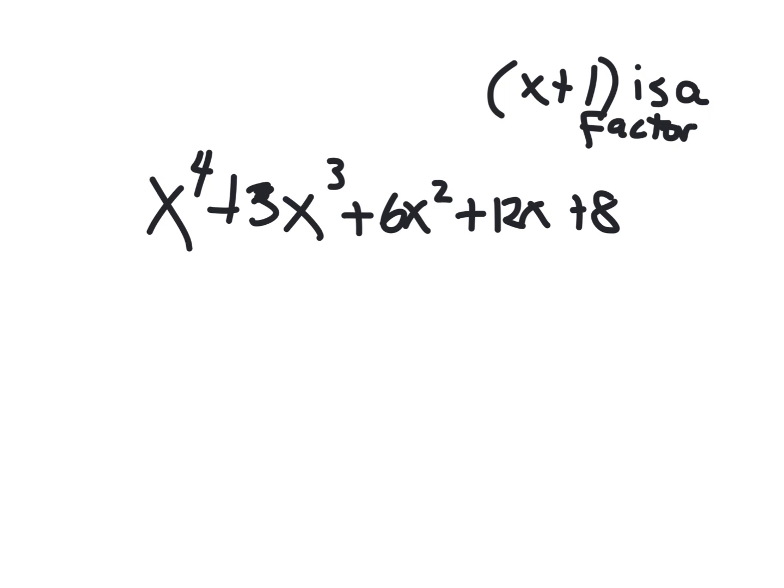You can use that. I personally would use synthetic because long division is kind of hard. Synthetic's way quicker. And the directions would say factor it all the way. Like, not just factor out the x plus 1, factor it all the way.